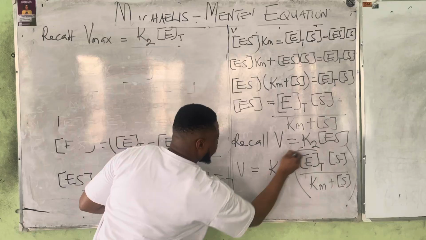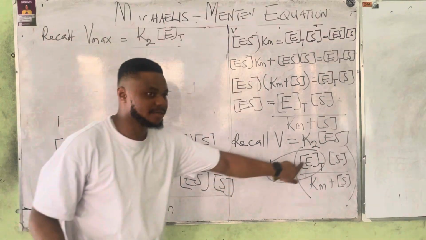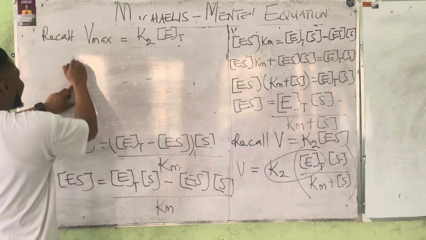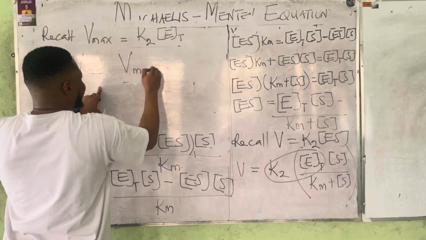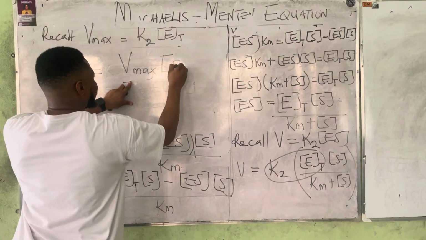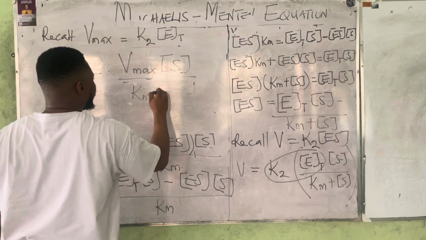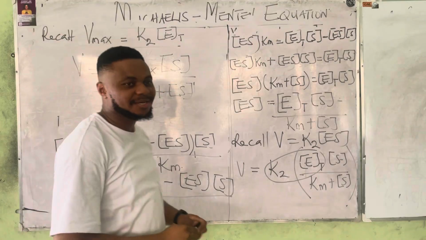So look at K2 ET here. Right? Are you seeing it? So it means that we can say V is equals to Vmax times what? S divided by Km plus S. This is the Michaelis-Menten equation.